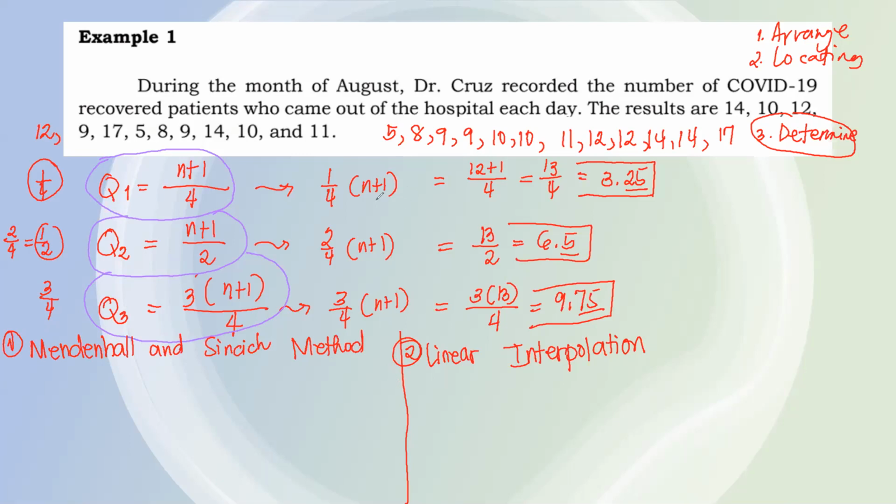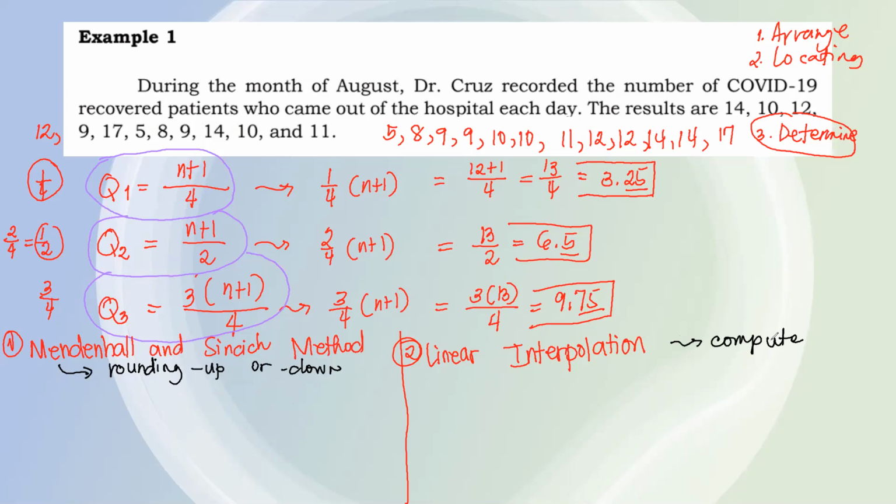Okay? Sa Mendenhall, what we usually do here is by rounding up or rounding down. And nasinulat ko na rounding up or rounding down. When it comes to linear interpolation, ang ginagawa natin is we compute.